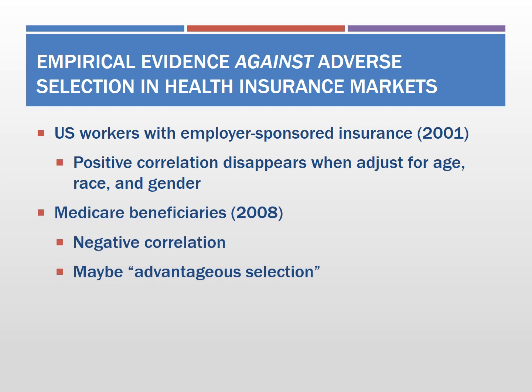On the other hand, we have another study, by Fang et al. in 2008. This study is related to health insurance markets that exhibit a negative correlation between risk and coverage. Among Medicare beneficiaries in the United States, it is the healthier beneficiaries rather than the sicker ones who disproportionately choose to purchase the supplemental insurance policy known as Medigap.